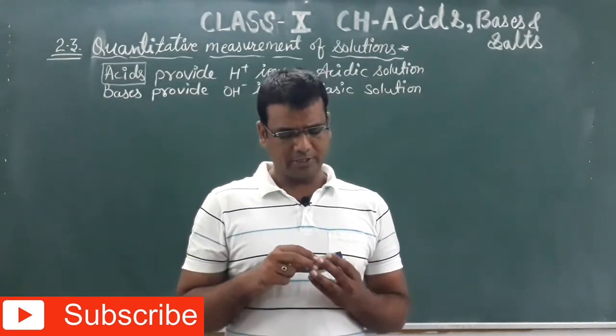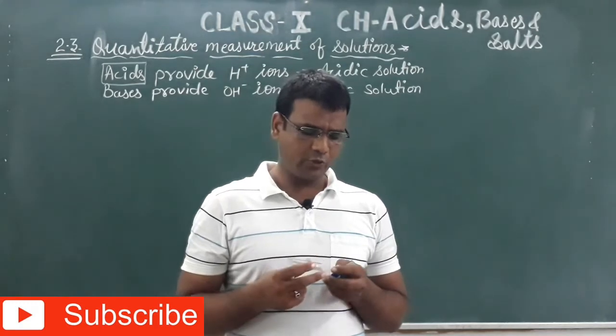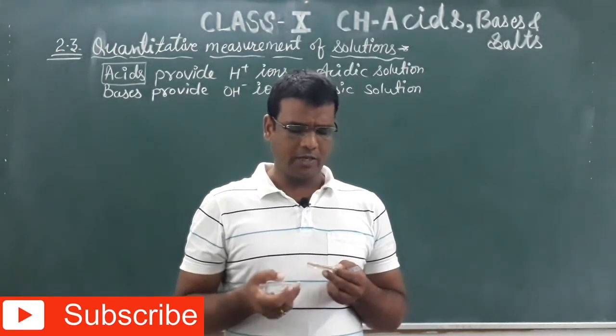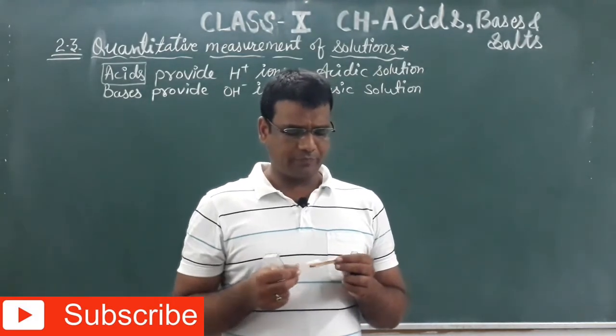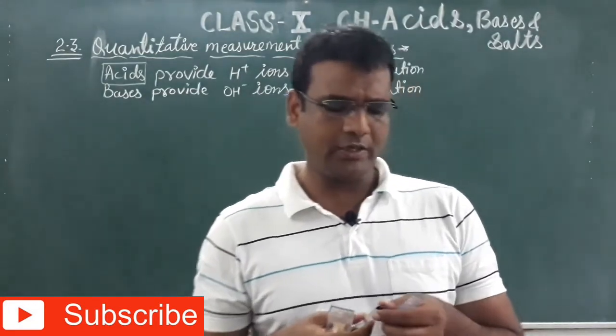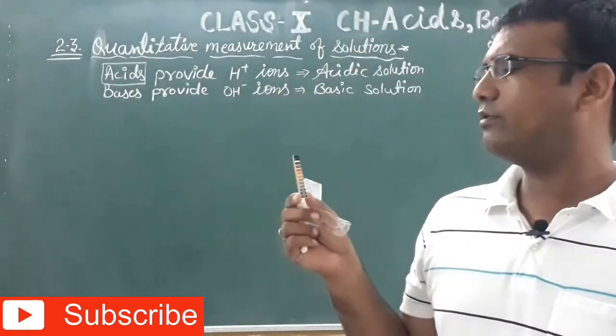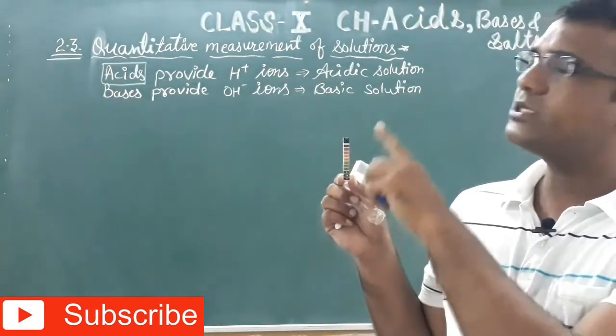In the chemistry lab there is what is called universal pH paper, which is present in different colors, and the range of pH is different.